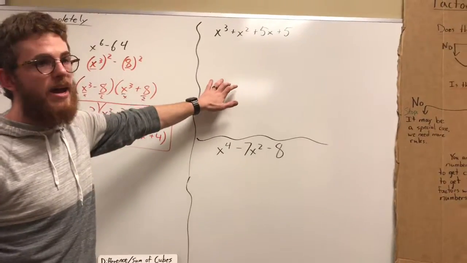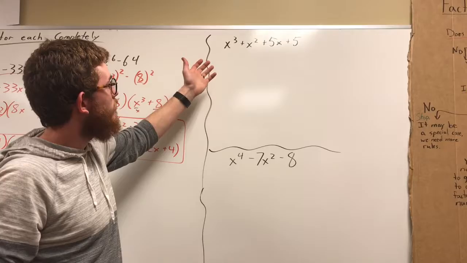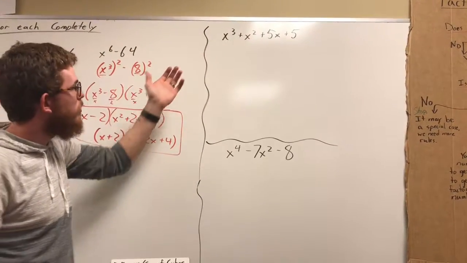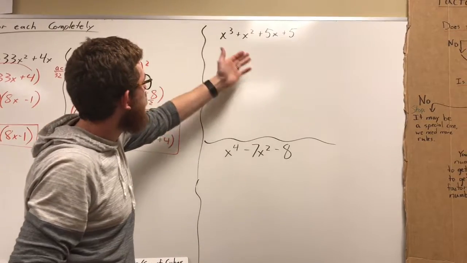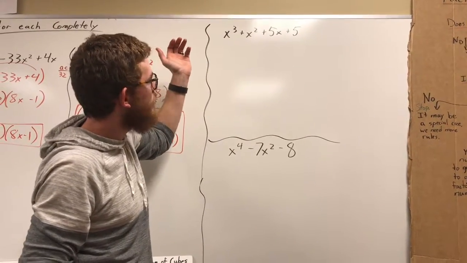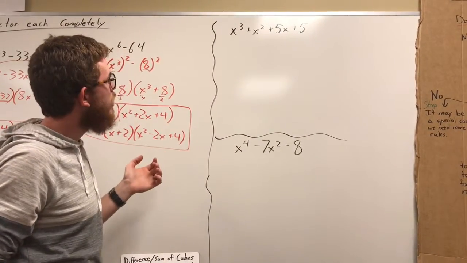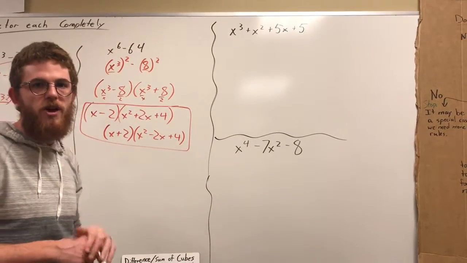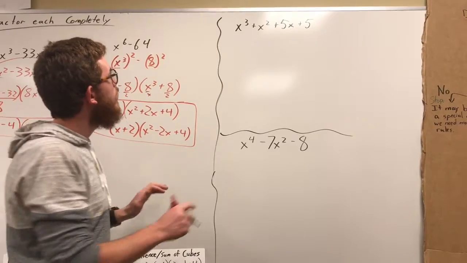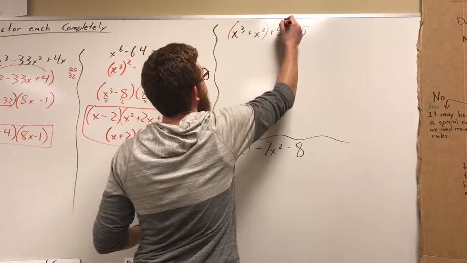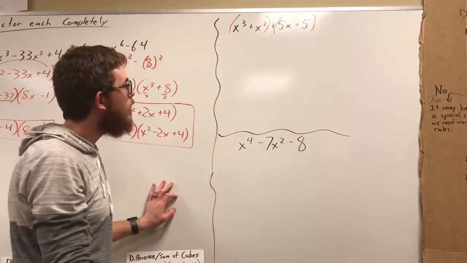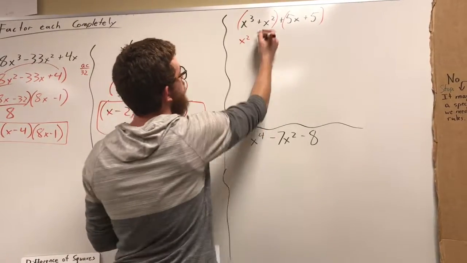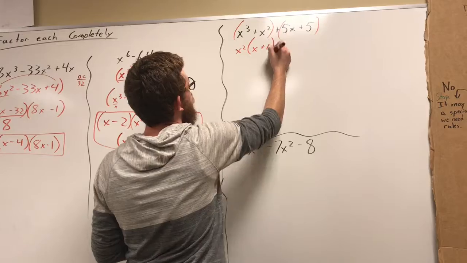Moving on up here, we have one of those situations where it doesn't really look like what we've seen before. Maybe we have an x cubed here. I don't see any common factors, but notice we have 4 terms, which means we can try to factor by grouping. I'm going to group the first 2 terms and the last 2 terms and pull out what's in common. In common in the first 2 is x squared, leaving me with x plus 1.